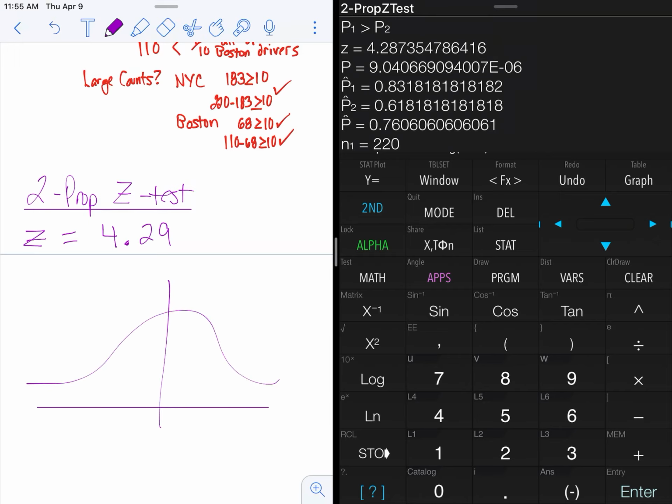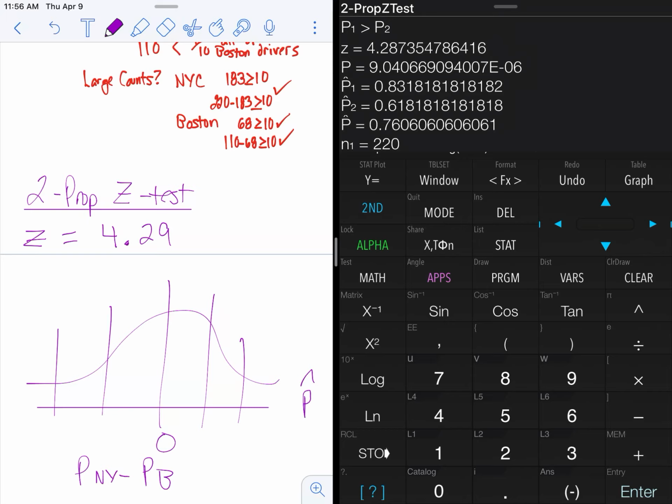So if I had drawn this here and this is representing P of NY minus P of Boston, so represent 0 right here. Of course, we usually draw our standard deviations. That means what I got right here, that p-value is going to be way out here. That difference is going to be way out here. That's really far. So that immediately makes me think I'm probably going to be rejecting my null hypothesis.